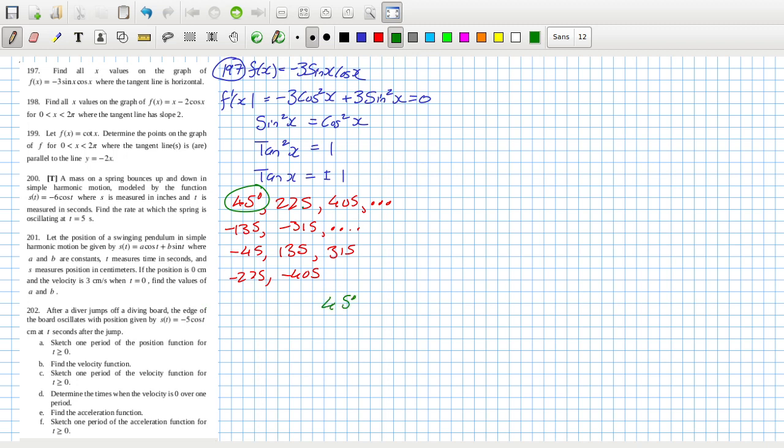So if we try and list them out, let's see, we've got 45. And then the next one after 45 is 135. And then the next one after 135 is 225. Then 315. Then 405. Then backwards is minus 135. And then minus 225.